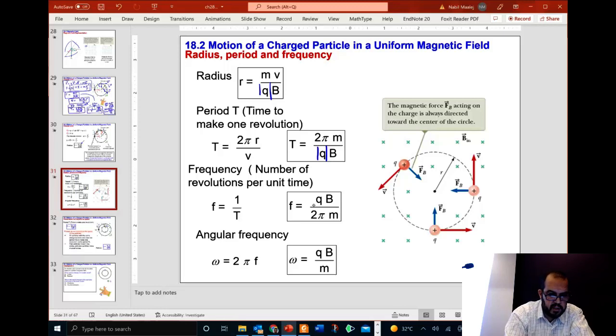So we will put an absolute value for all the q's. You can solve for the frequency, 1 over T, and the angular frequency. Notice the period, the frequency, and the angular frequency do not depend on the radius. Kind of strange. Any questions so far?